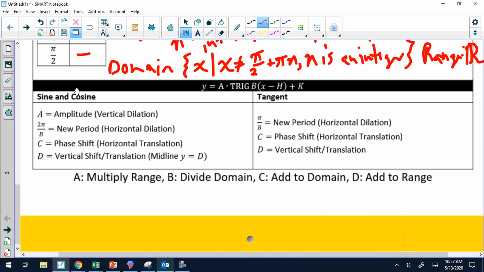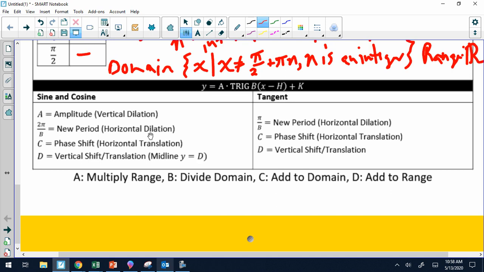So for sine and cosine, the A is going to be your amplitude. It's going to be your vertical dilation. That's the transformation. But key feature-wise, that A value is going to be your amplitude, remembering that amplitude is always positive. So if you get a -7, then your amplitude is 7, and there's a reflection. So just being careful there. You can get the new period for the transformed function by doing 2 pi over b.